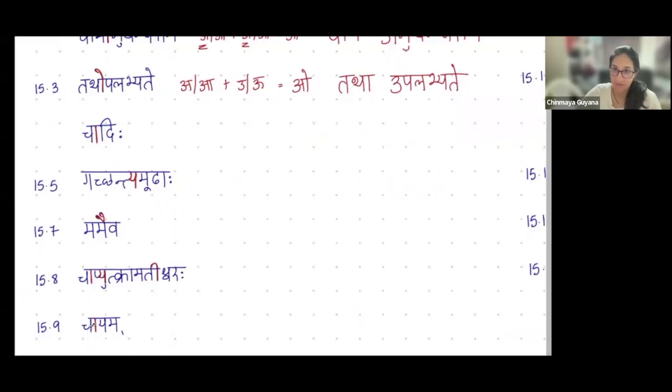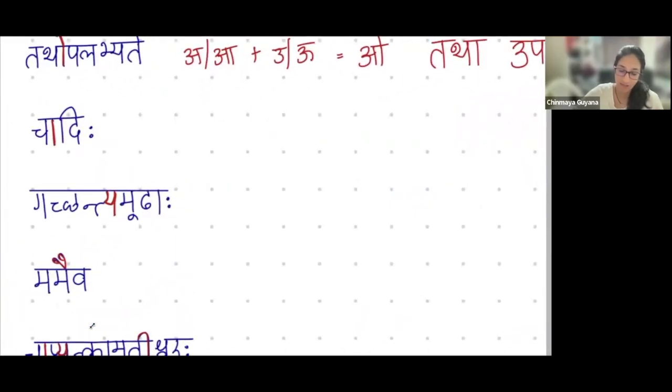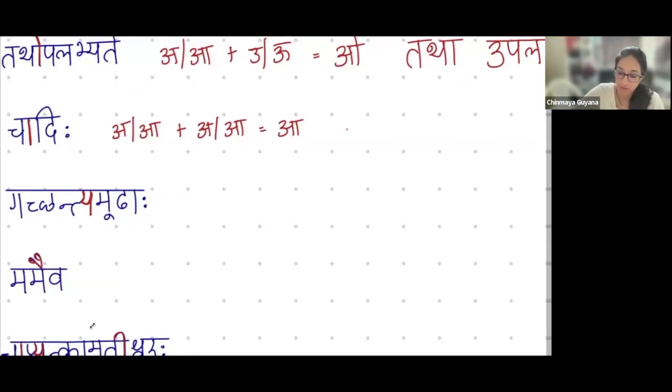Chādihi. Now, a sandhi happens with a or ā plus a or ā equals ā. So I think everybody should have guessed that it was chā, not cha, because we've seen chā so many times.